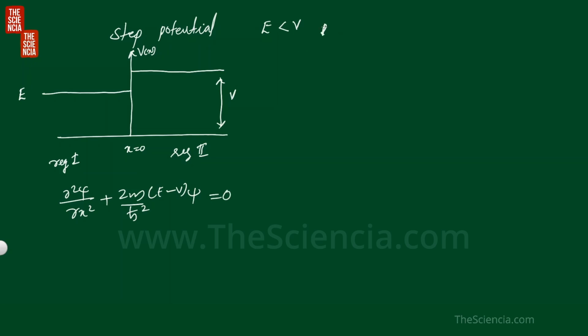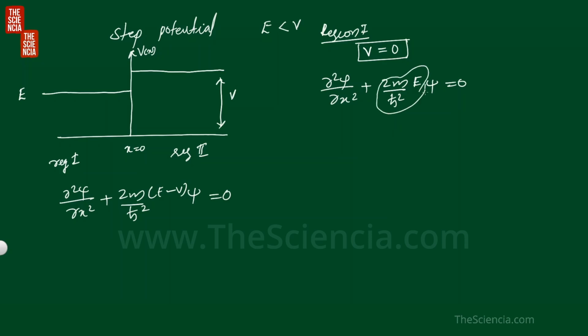So in region 1, we know the potential V is equal to 0. Therefore, the Schrodinger equation becomes dou square psi by dou x square plus 2mE by h cross square psi equal to 0. I can call this term k1 square because it is in region 1, so I am naming it k1. So this is k1 square.